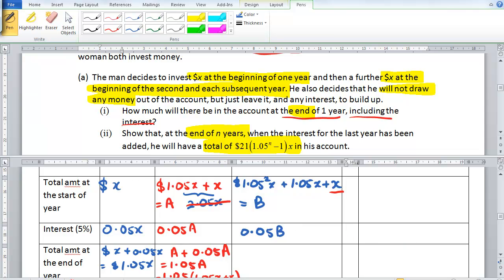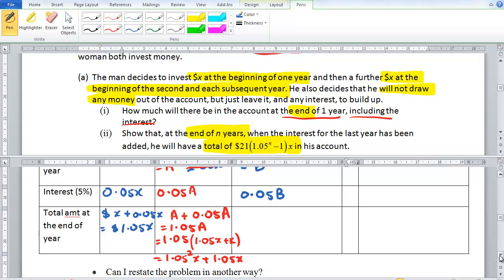So the total amount that he has at the end of year 3 will be B plus 0.05B. That gives us again 1.05B.